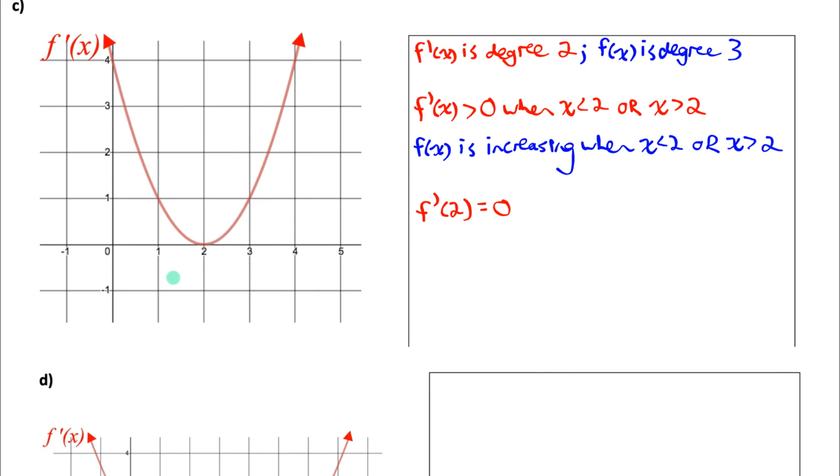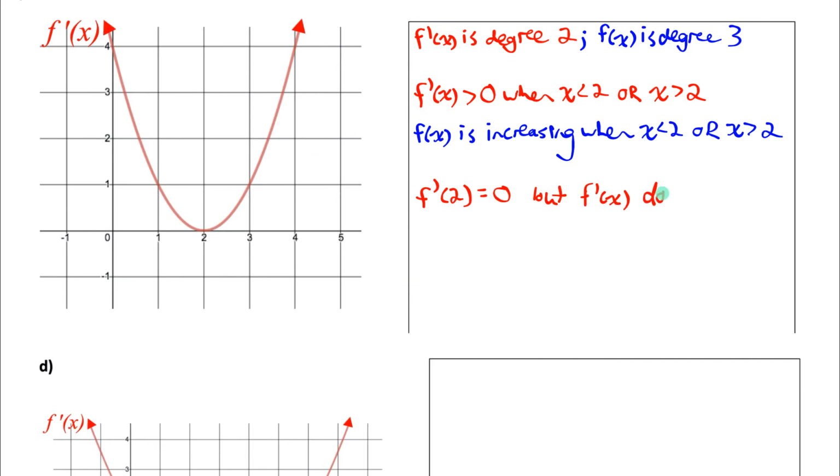But because the function is increasing before 2 and after 2, there's no switch between increasing or decreasing, so it's not a max or min. F prime of x does not change signs, so there is no local max or min at the point 2, f of 2.